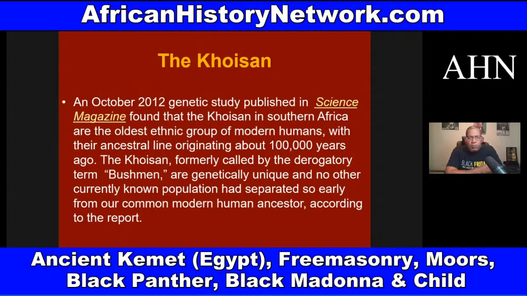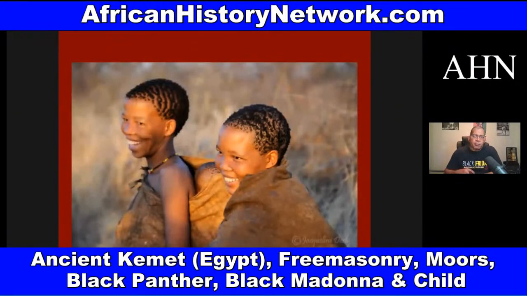The Khoisan, formerly called by the derogatory term Bushmen, are genetically unique, and no other currently known population had separated so early from our common modern human ancestor, according to the report. You may also hear them referred to derogatorily as pygmies. That's a derogatory term. And they're the ancestors to the Ainu and the Twa. Here are some Khoisan women.